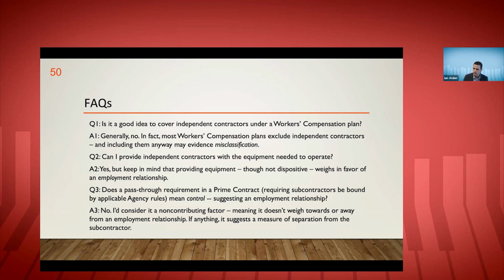Optics-wise, it suggests that they really are subcontractors, because you are doing the minimum required under contract to keep them in line with the prime contract, which suggests that apart from that, you're really not exercising control. You're putting the onus on them to comply with these rules as a matter of contract. It's a weird needle to thread, but no, you shouldn't be afraid of including the relevant pass-through clauses.